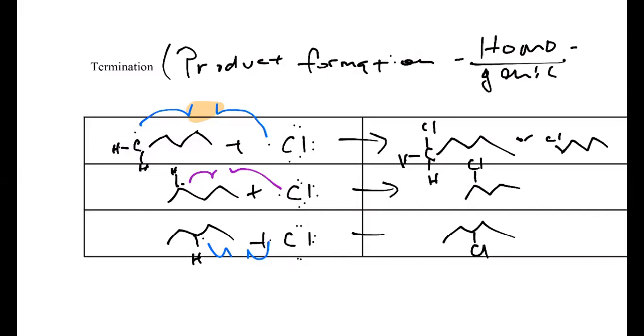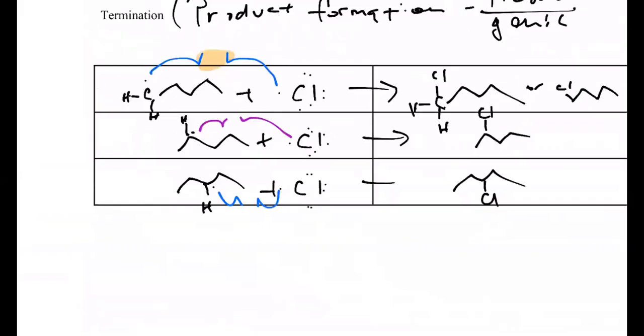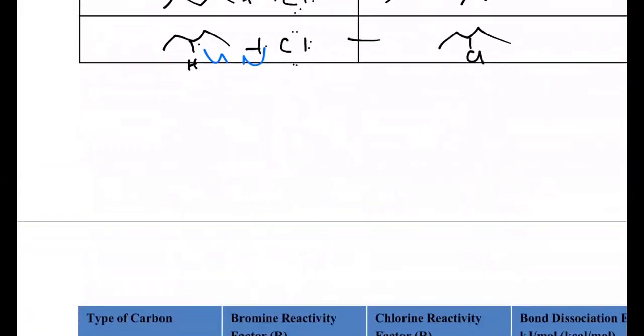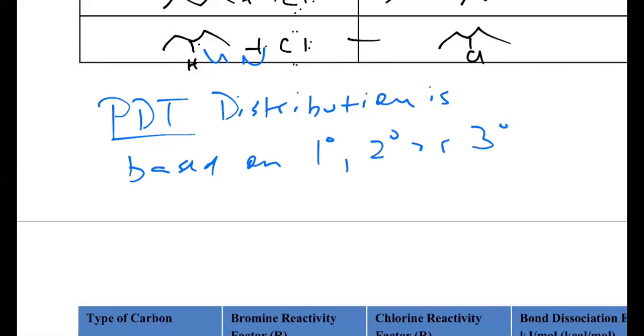So the way, and we've got to stop here, but the way that you get the percentages or the product distribution is going to be based on the types of carbons you're working with, right? I'm abbreviating product as PDT. Product distribution in a radical substitution is based on the primary, secondary, or tertiary carbons that are present.